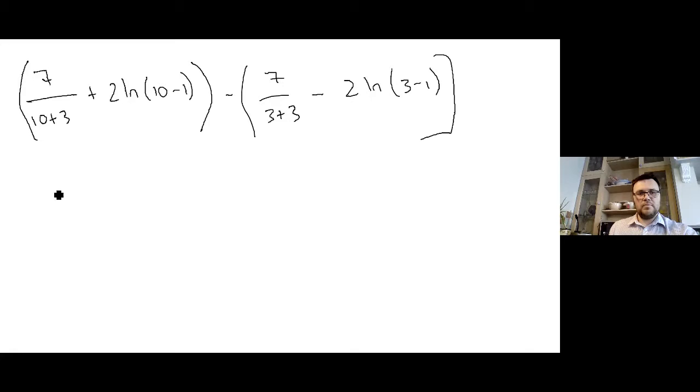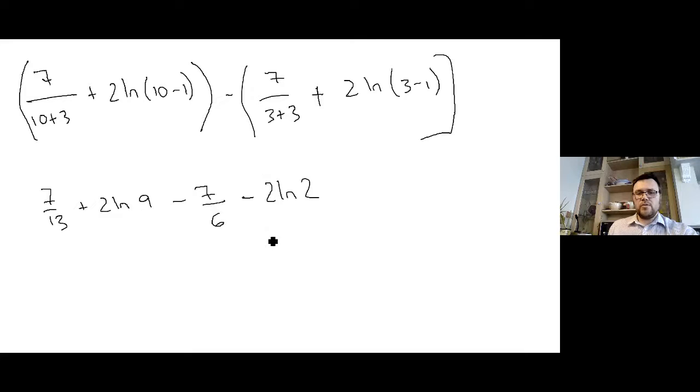Tidying that up, that becomes 7 over 13 plus 2 ln 9 minus 7 over 6. Now that minus, that should be a plus there, sorry. So that becomes minus 2 ln 2.